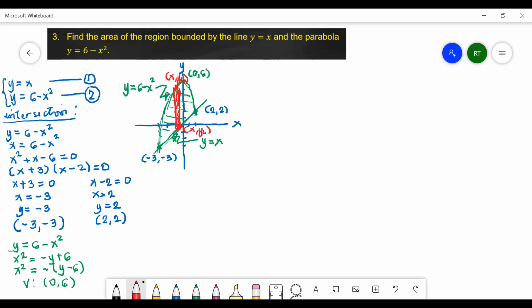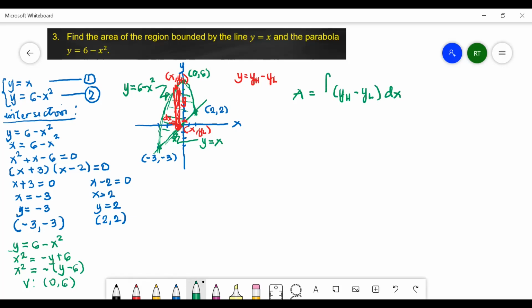And if you want to get the area of the rectangular element, which is vertical, of course, the length is equal to y, but y is equal to y upper minus y lower. And the thickness, of course, is equal to the differential of x. Therefore, the area of the element is the length, y upper minus y lower, times the thickness, the differential of x.